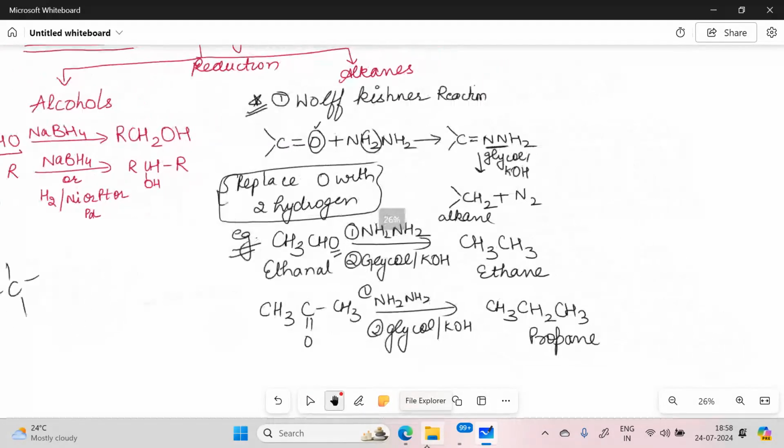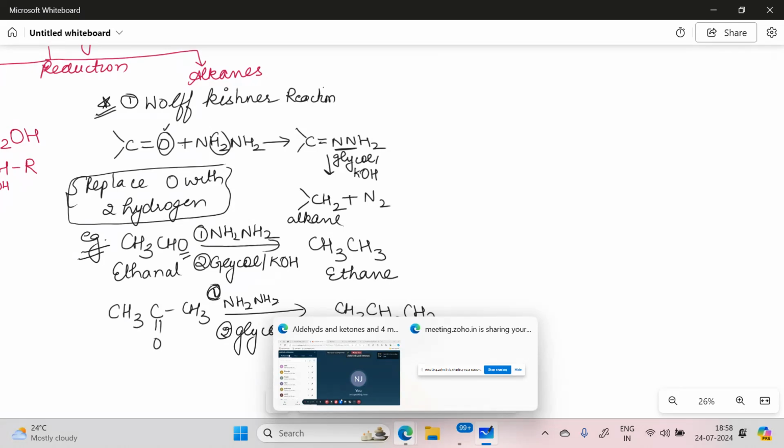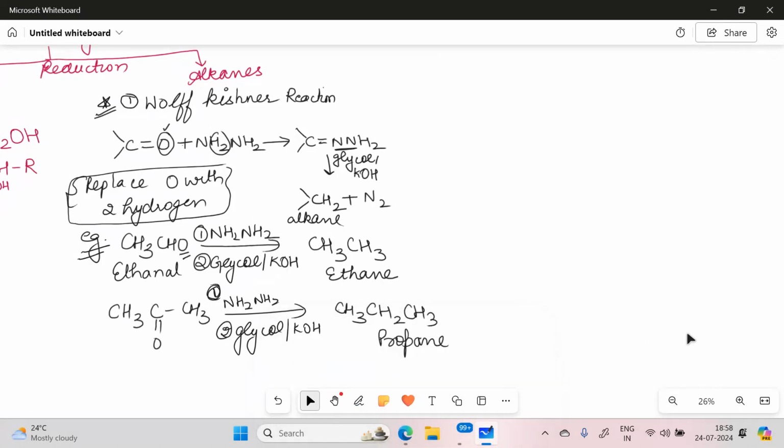You will get the corresponding alkane. If you have butanol, it converts into butane. So this is a reduction to alkanes. And I hope all of you know why I have written 1 and 2 as different things, because these are two different steps. If we are doing the reaction in two different steps, you have to mention number 1 this, number 2 this.